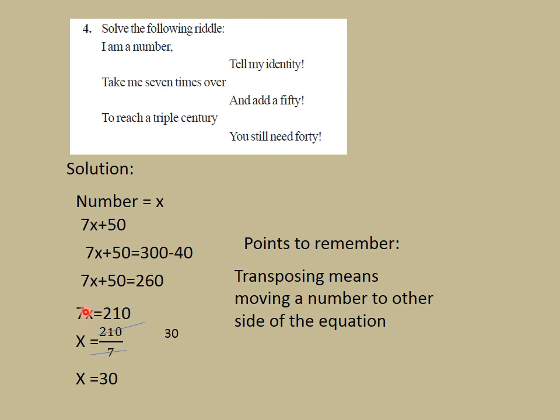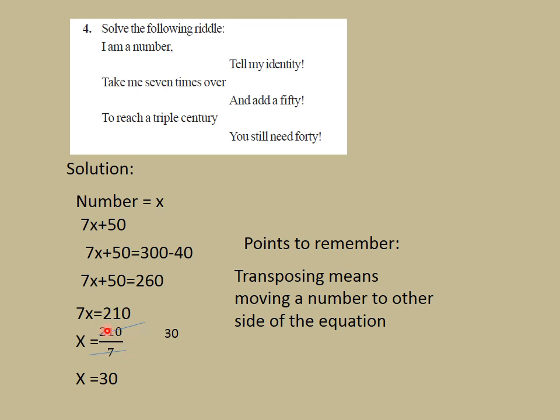Now, what is the second step? 7, you have to take it to the right hand side. What is 7 doing here? 7 is multiplying with x. So when it goes to the right hand side, what does it have to do? It has to divide. So 210 upon 7. 7 3s are 21, and 0 is there, so you put 0. 30.